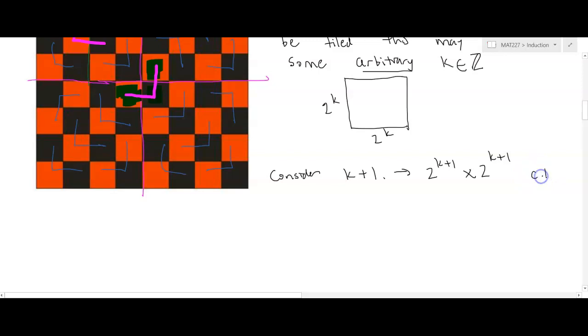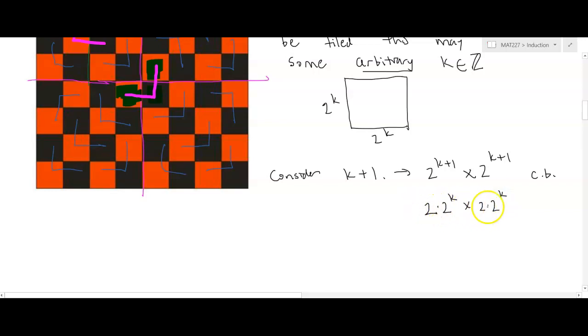checkerboard. Now, we've already kind of reasoned that if you increase the exponent by 1, you just create 4 of the previous case. And you can see that here by properties of exponents: 2 to the k plus 1 is 2 to the 1 times 2 to the k. And normally when we multiply bases, we add their exponents. And this right here is 2 times 2 to the k.